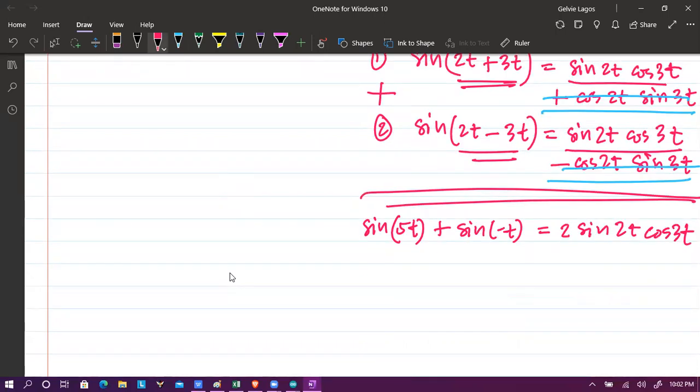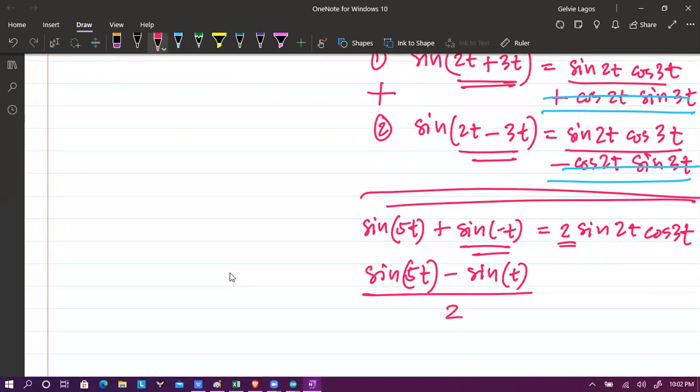Now recall that sine of negative angles is just negative of sine t. So we can rewrite it in that way. Dividing the whole equation by 2, this becomes sine 2t cosine of 3t. That's how you derive the equation.